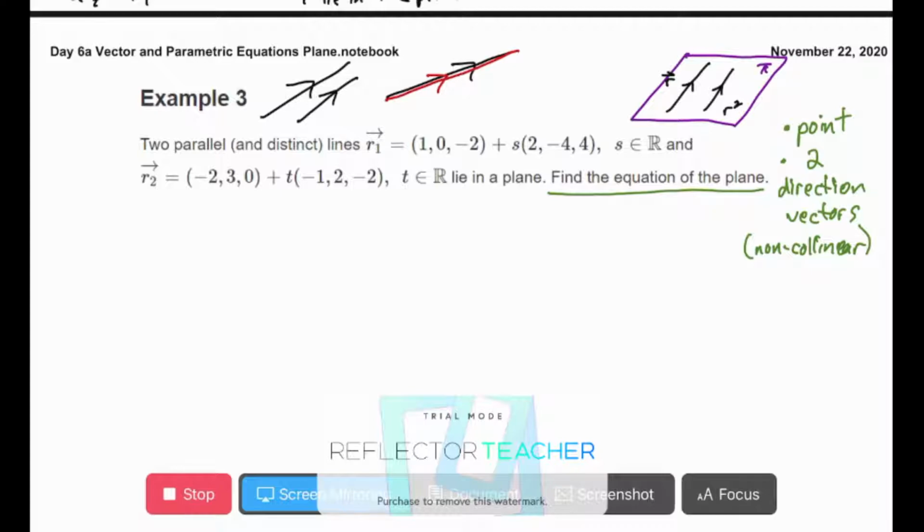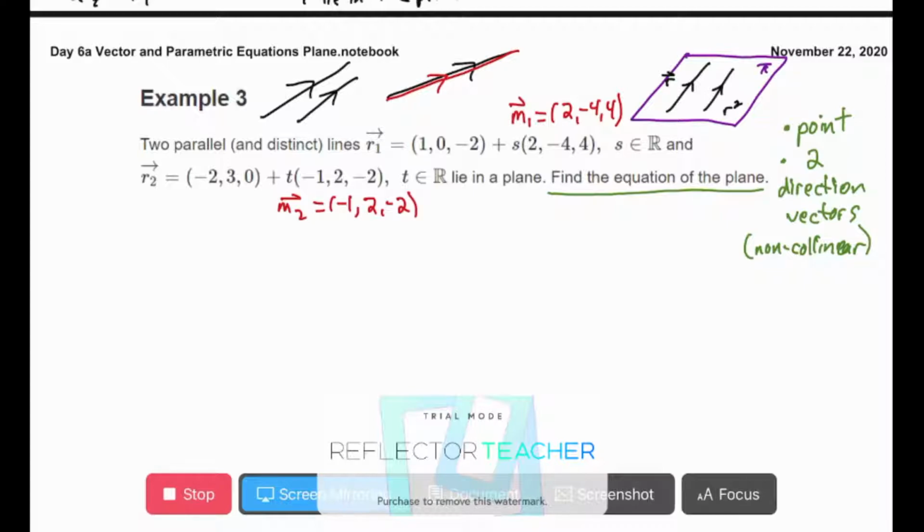How can I find 2 distinct direction vectors? First of all, let's just look at the direction vectors we're given here and prove what's going on with them. So my M1 is going to be 2, -4, 4. My M2 is going to be -1, 2, -2.